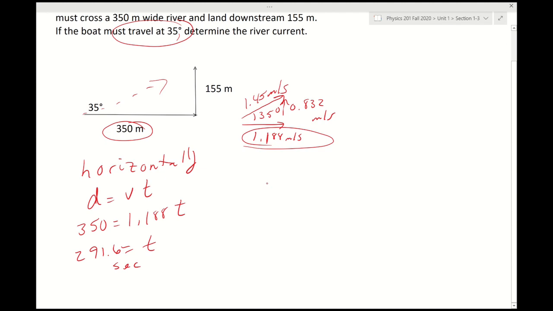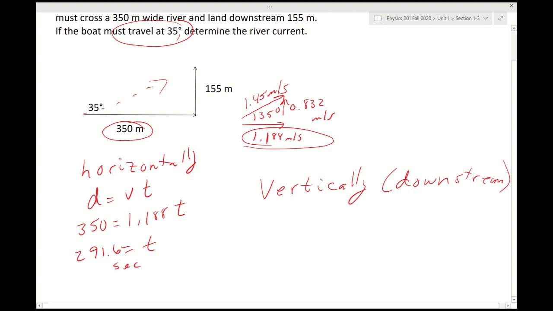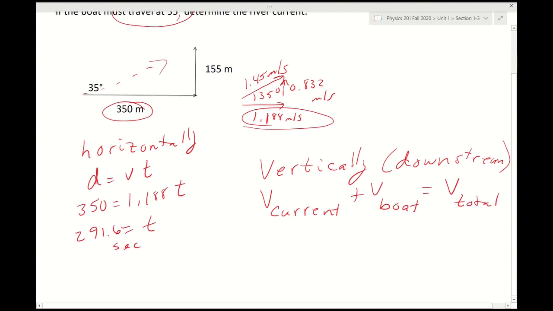All right. So it's the speed of the current plus the speed of the boat that equals the total speed. Well, I don't know the current. I'm going to leave that as V sub C. The boat, I was able to determine at the top, 0.832 meters per second. And that is my total speed.